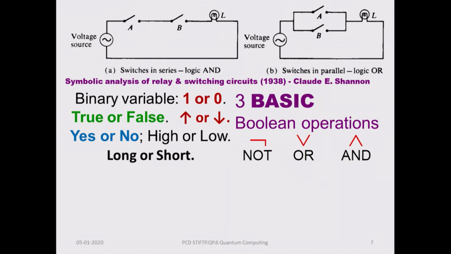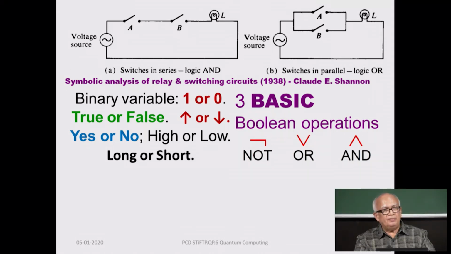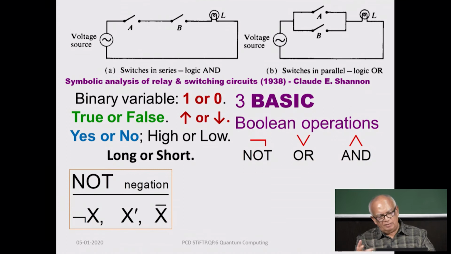So there are 3 fundamental Boolean operations. These are the NOT, OR, and the third is AND. And using these, you can then develop combinations also. So there are various symbols which are used. These are the common symbols which are used for these operations, which you would have used in your introductory electronics or computer science courses.